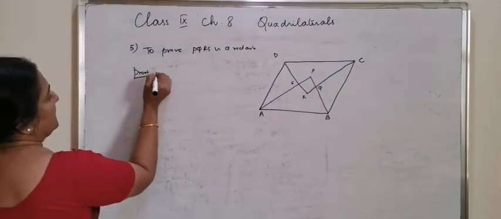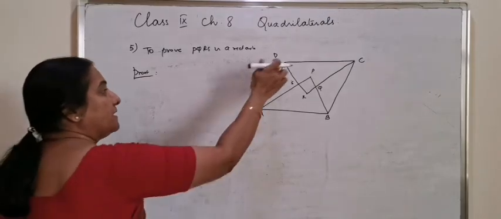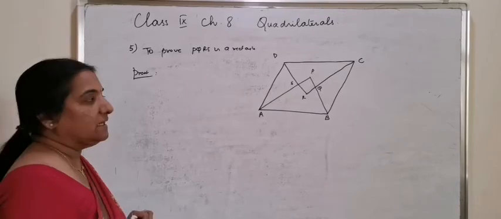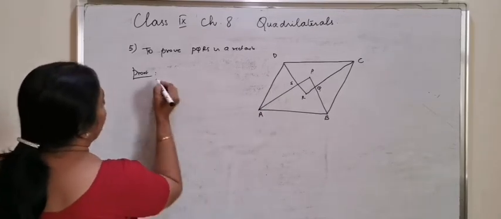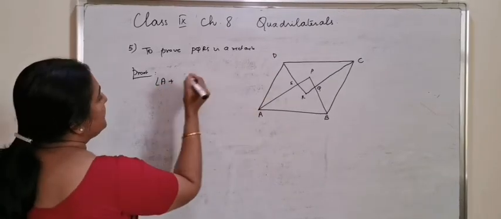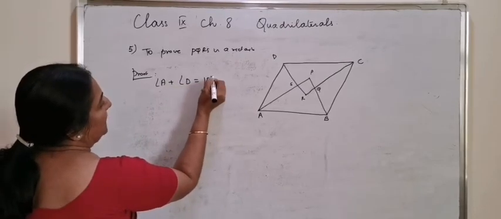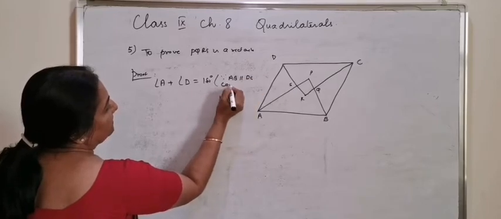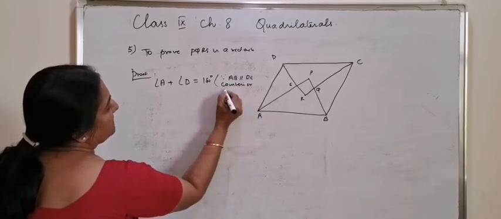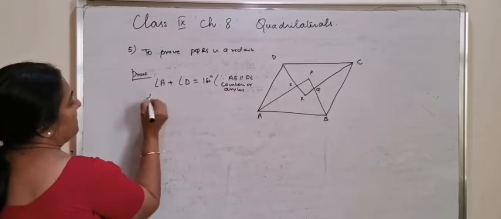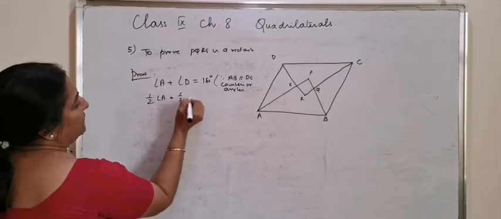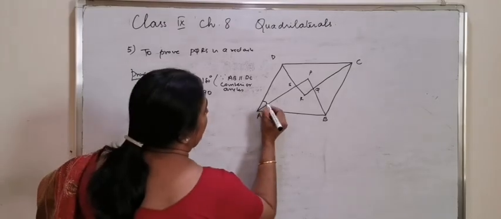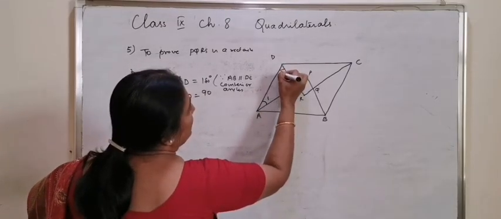So the proof starts as: take one pair of adjacent angles so that we can apply the property of co-interior angles. Angle A plus angle D is equal to 180 degrees since AB is parallel to DC, co-interior angles. Half angle A plus half angle D is equal to 90 degrees. Let me take half angle A as 1 and half angle D as 2.